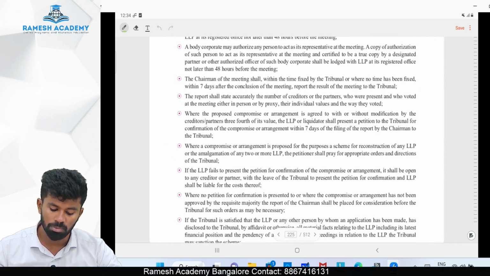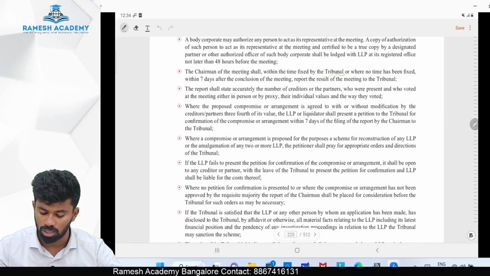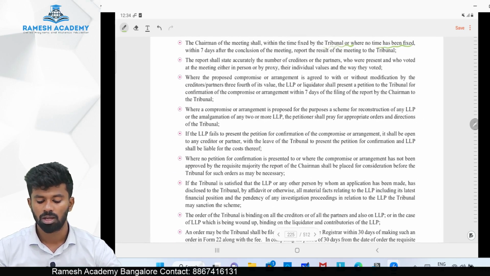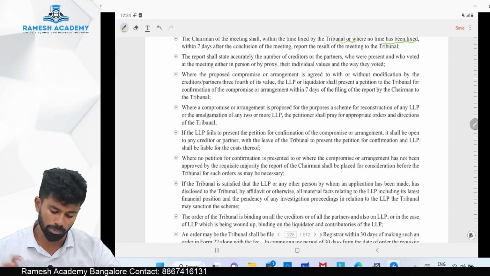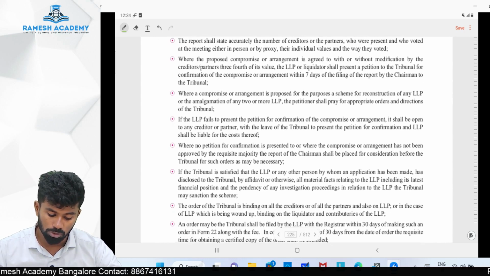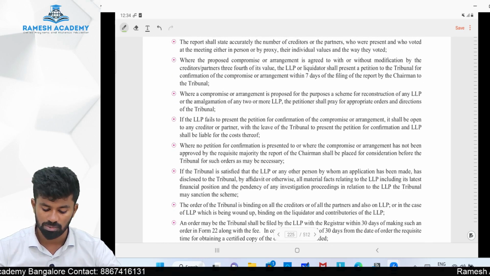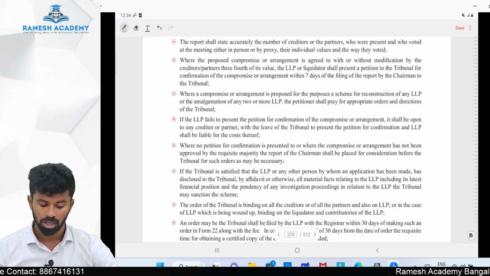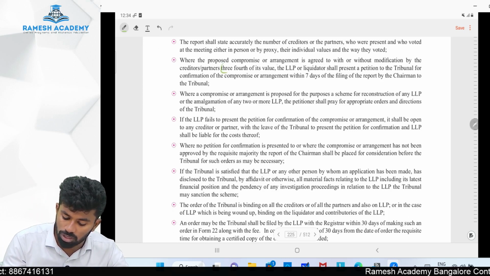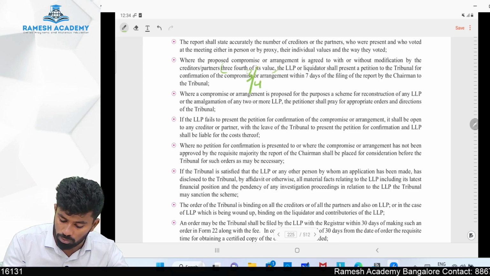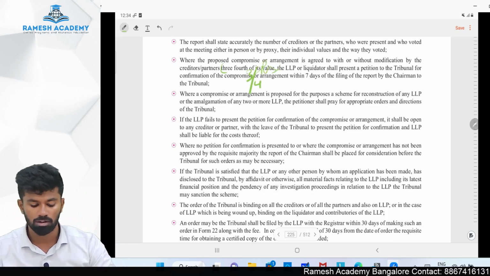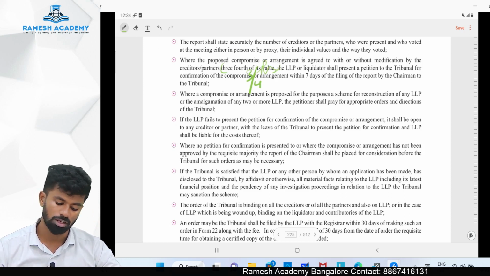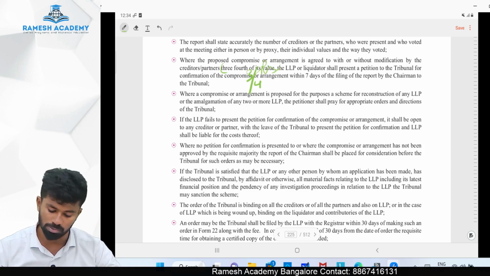Then the chairman of the meeting shall, within the time fixed by the tribunal or, where no time is fixed, within 7 days of the conclusion of the meeting, report the results of the meeting to the tribunal. Where the proposed compromise or arrangement is agreed to, with or without modification, by the creditors or partners representing 3/4 of its value, the LLP or liquidator shall present a petition to the tribunal for confirmation of the compromise or arrangement.